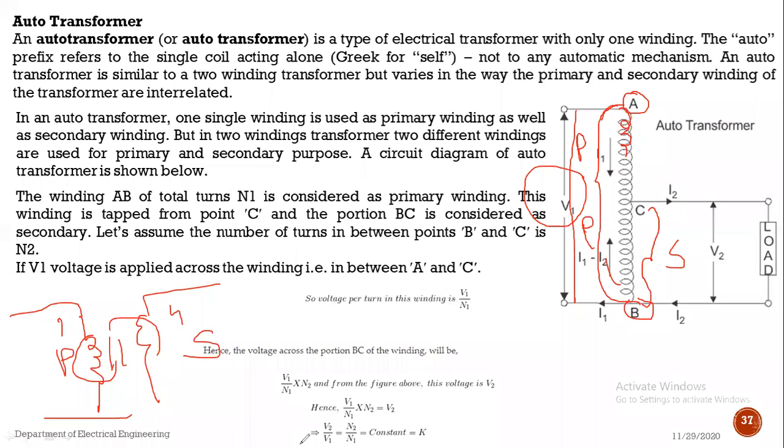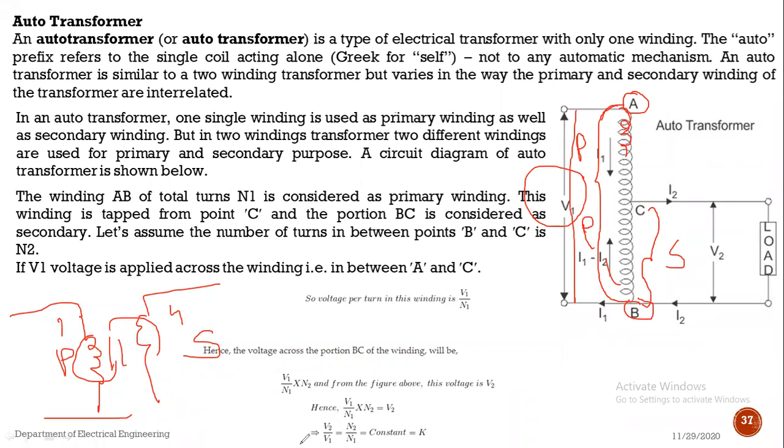In the Greek language it means self or single. So auto is a prefix given to the transformer because it has a single coil, or this transformer acts on a single coil. It does not refer to any automatic mechanism; there is no automatic mechanism.